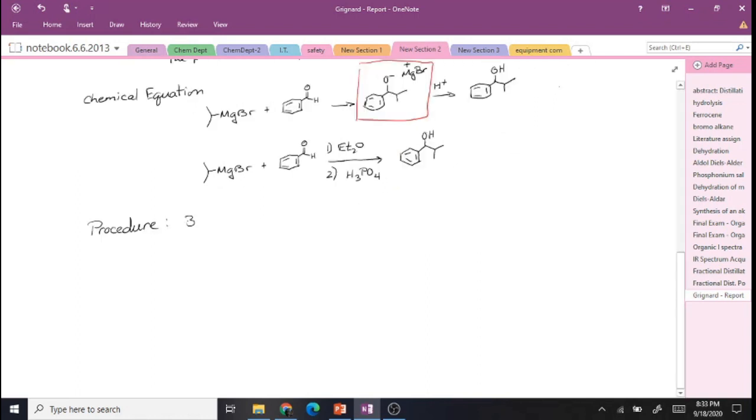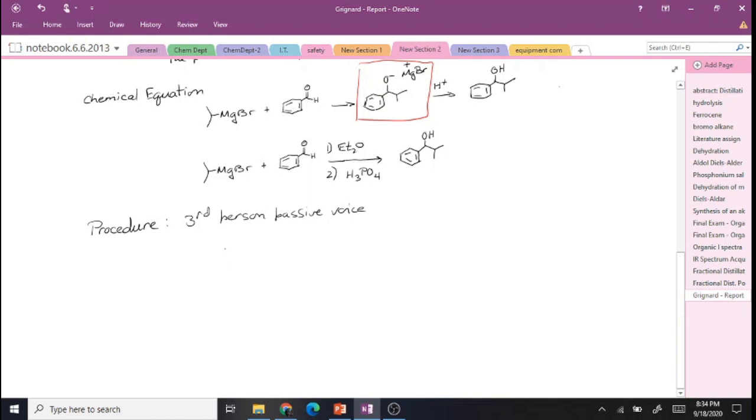Procedure. Third person passive voice, written in past tense, of course. Everyone seems to have that, so I won't belabor that point. One thing that is being missed is that when you report quantities, you always report the measured quantity first.